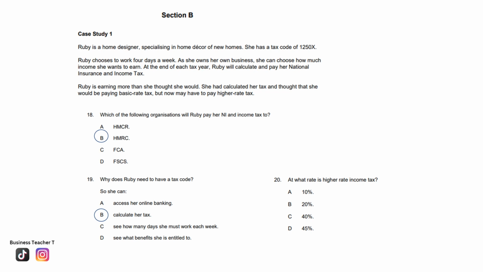And the final question for this case study, at which rate is higher rate income tax? A. 10%, B. 20%, C. 40%, or D. 45%? The answer is C. 40%.